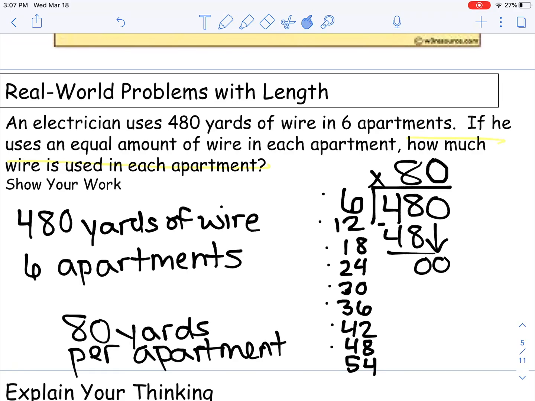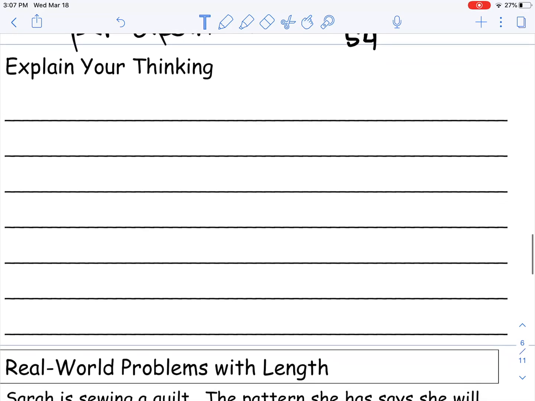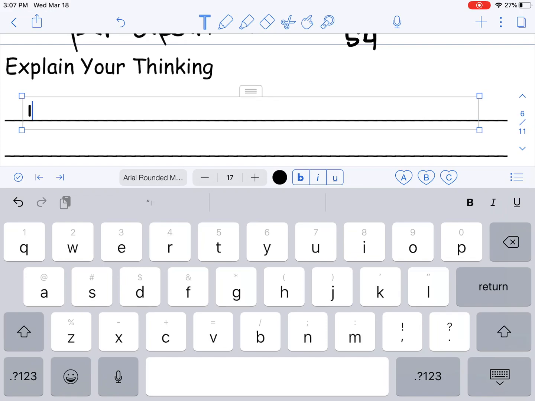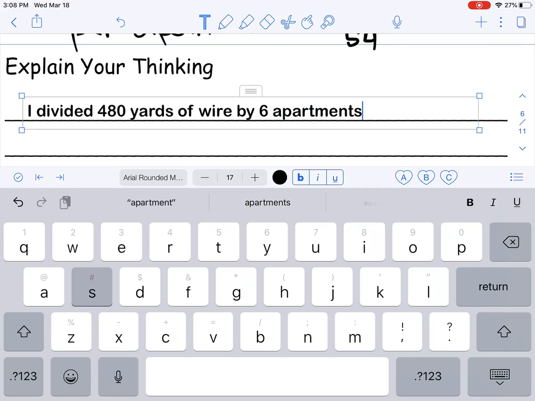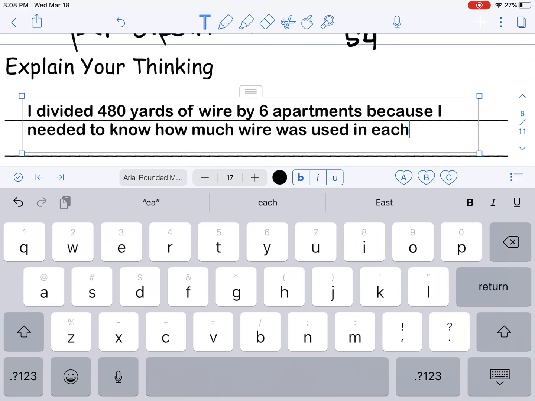So now let's explain what we did. All right, so I divided 480 yards of wire by 6 apartments. Now don't forget those labels, because I needed to know how much wire was used in each apartment.